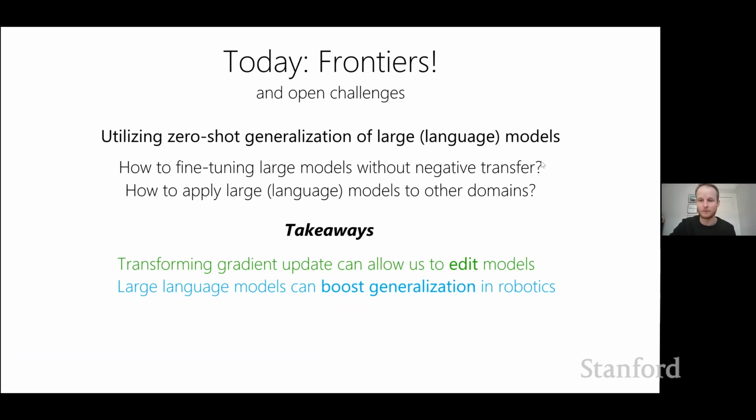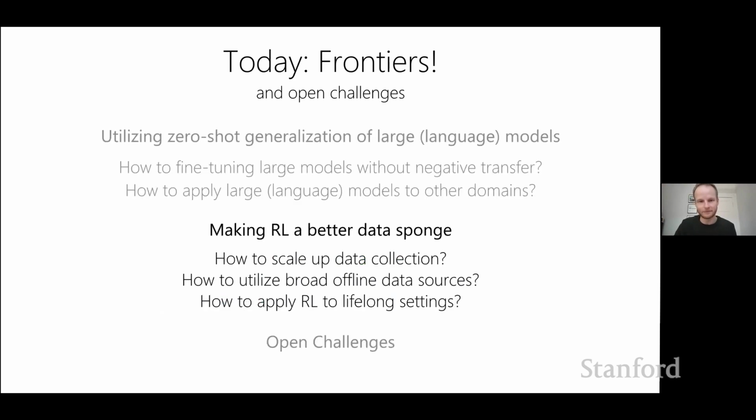We've seen a few examples in robotics that show how we can generalize to new text commands, how we can potentially generalize to new languages even, potentially doing new tasks, and maybe even more. As Eric was saying, there's a lot of potential with these large language models and how they can be used. So next we'll talk about how we can make reinforcement learning a better data sponge.